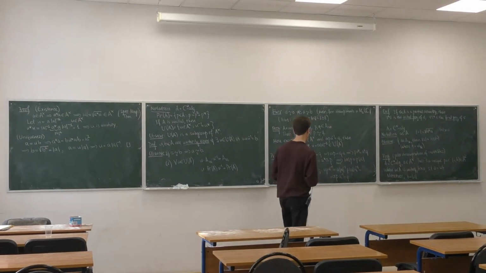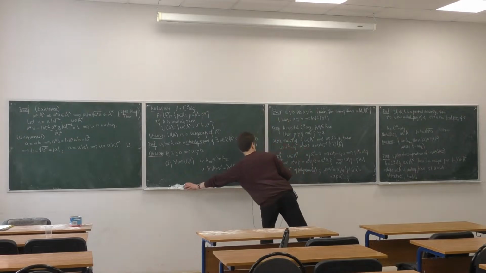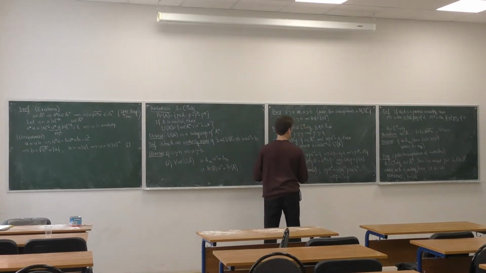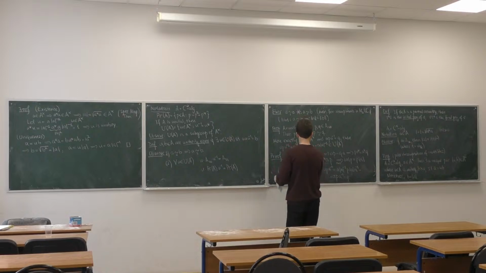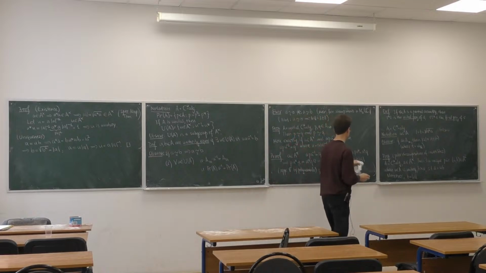Now what we do, we multiply this formula by A on the right. If I multiply it by A on the right, the left-hand side will be P A star A, and the right-hand side will be A star QA.